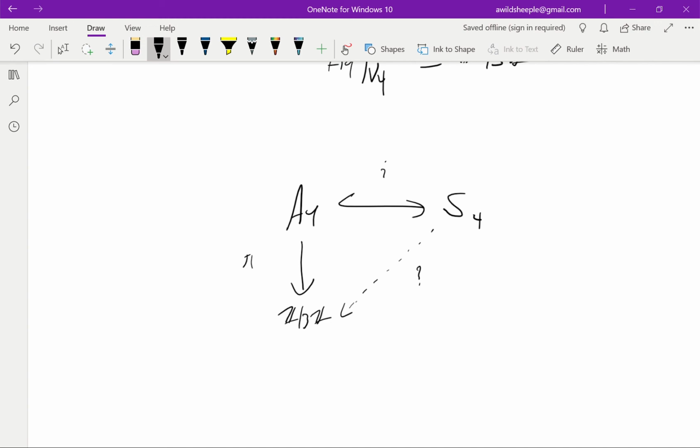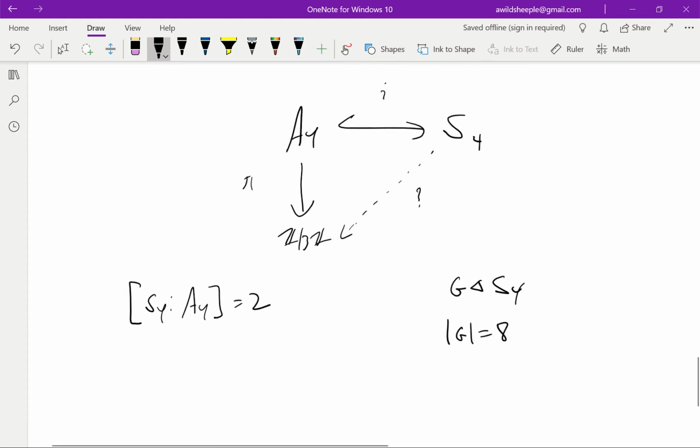And what we're going to see is that the answer is no. The way that you see this is that we look at the index of A4 inside S4. And this is 2, as I hope everybody knows, because A4 is the even permutations. And so if this was possible, we would have to have a normal subgroup in S4 of order 8. So there would have to be a G inside S4, order of G is 8. But the subgroup theory of S4 is very simple.